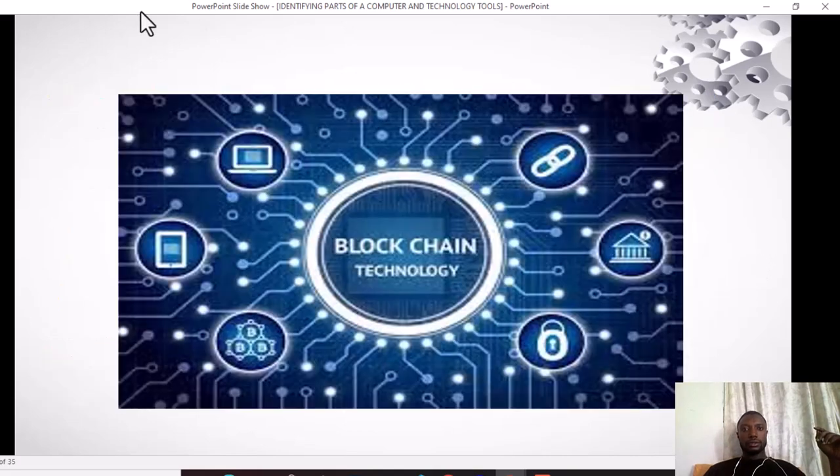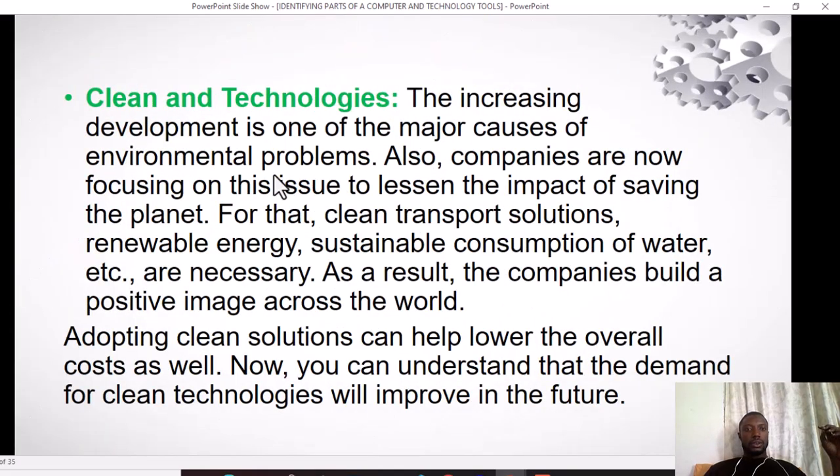Okay, so let's look at clean technology. We say the increasing development is one of the major causes of environmental problems. Also, companies are now focusing on this issue to lessen the impact and save the planet.